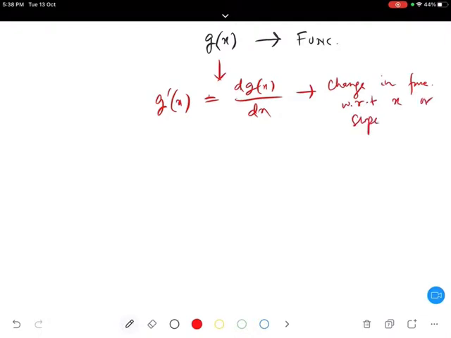Yes or no? This one is very important. This one is my first derivative test, that gives my g dash x.